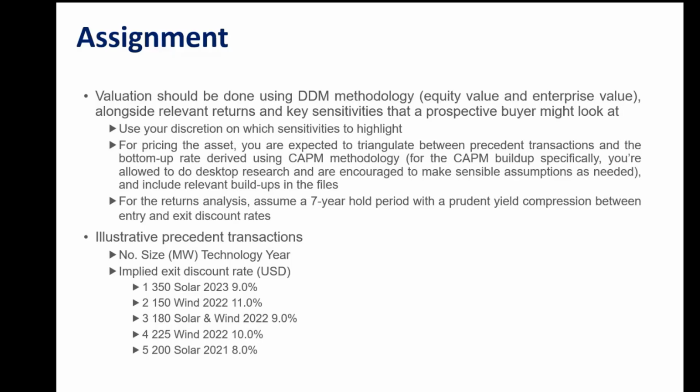Now I put in the associated model some sensitivities for pricing the asset. You're supposed to triangulate, a word I can't stand, precedent transactions, and the bottom-up rate derived using CAPM, which is just such incredible BS. I can't even start. I hope you see almost immediately why that would be such a problem.